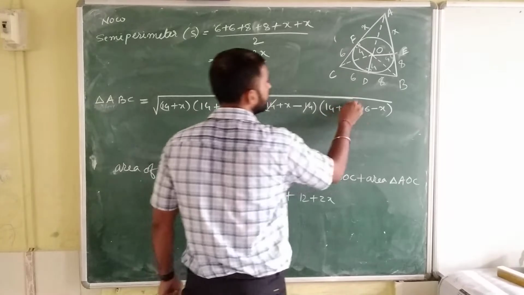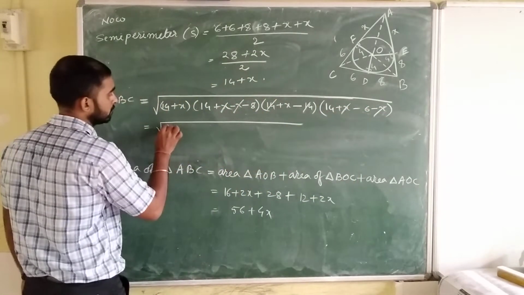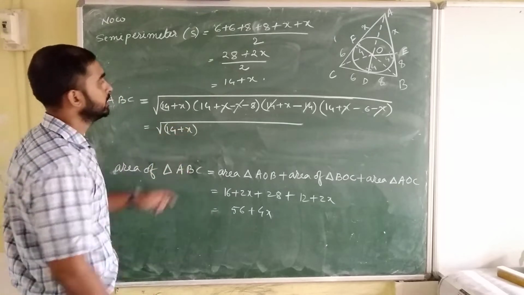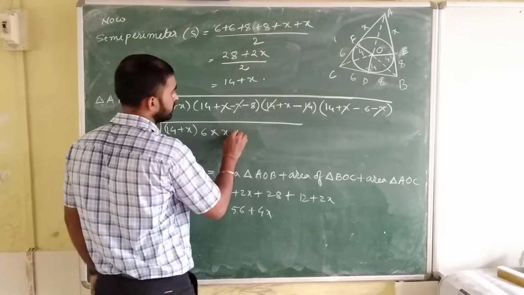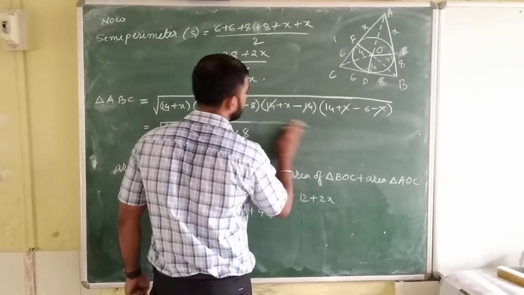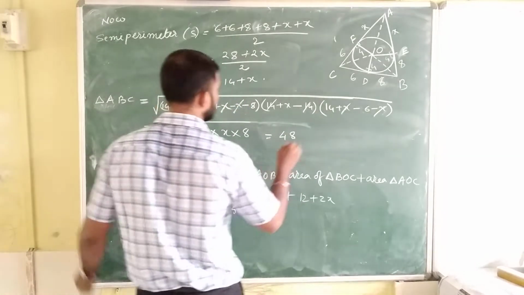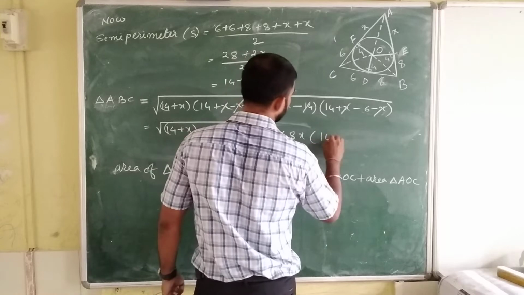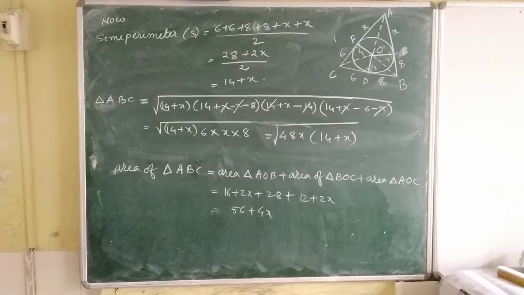So 14 cancel, here x cancel, here x cancel. 14 plus x, 16 minus 8, 6 is x, this is 8, equal 48 x 14 plus x under root. S is 14 plus x, S minus a, S minus b, S minus c.